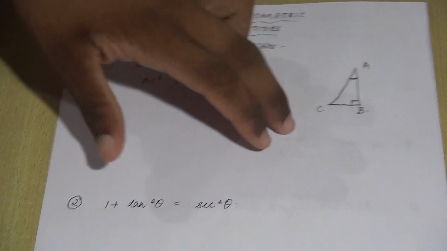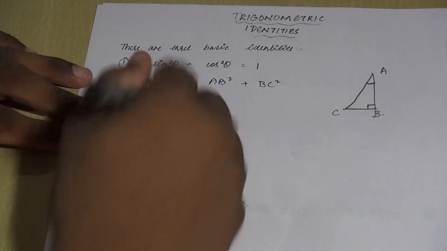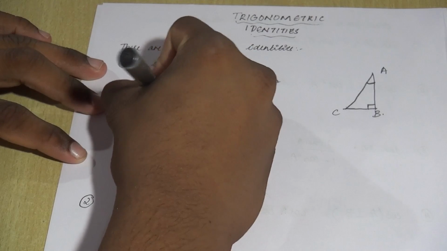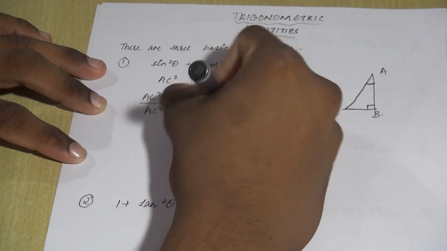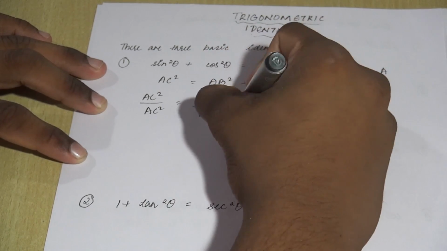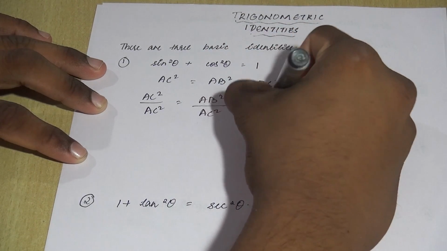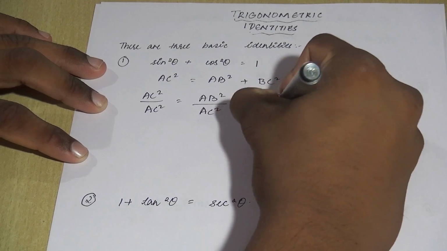Now dividing all of these equations by AC squared, we get AC squared by AC squared is equal to AB squared by AC squared plus BC squared by AC squared.